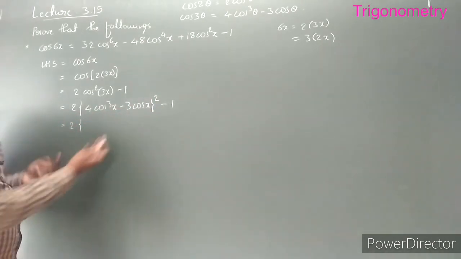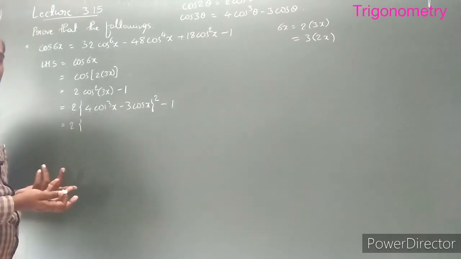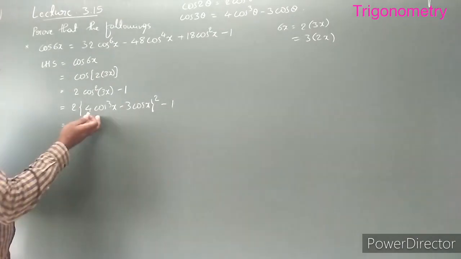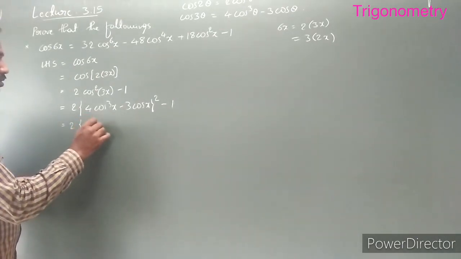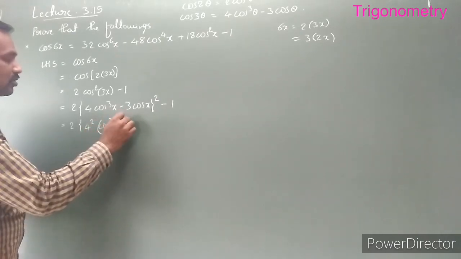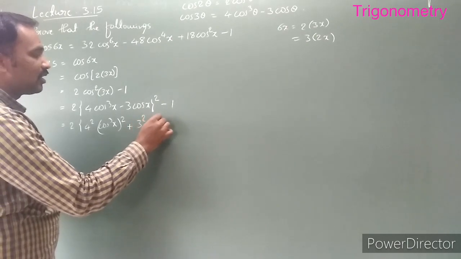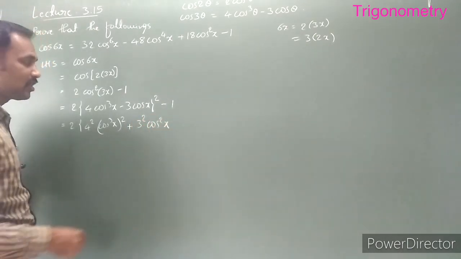Inside the bracket, it is of the form a minus b. A minus b whole square is nothing but a square plus b square minus 2ab. A square is 4 square, cos^3 x whole square. Plus b square is 3 square into cos^2 x.